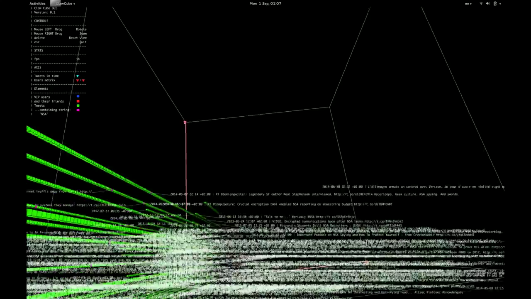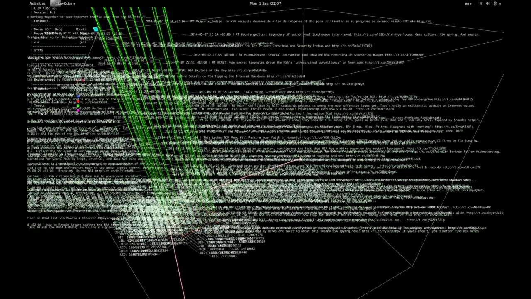But well, let's take a look again, as you can see on the left in the description. Again, we are looking for the word NSA. This time only on a set of 100 friends of Bruce Schneier.